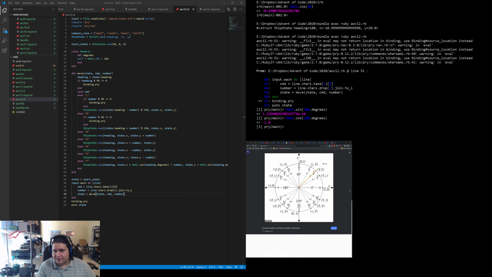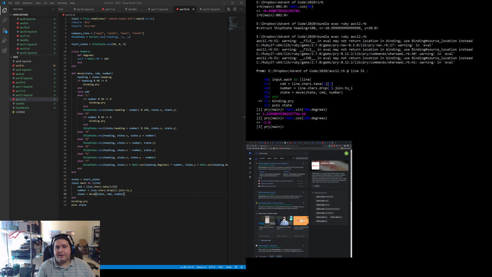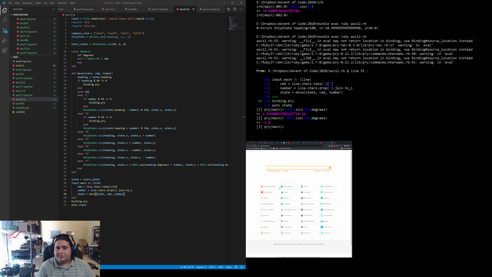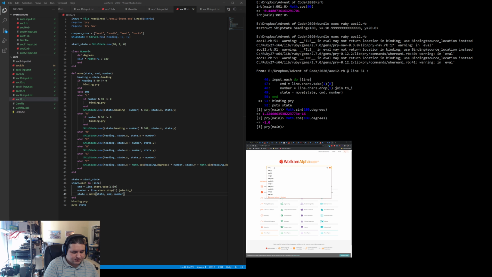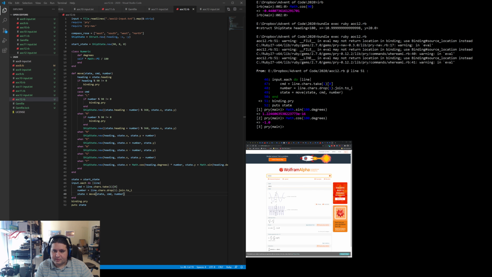Okay, so you're at 0 degrees. The unit circle puts 0 degrees here. Wolfram Alpha. What do we have? I want to do cosine x. Remind me how cosine x works. Cosine x starts at 1, which is you're going forward, goes down to 0, which is you're not, goes to negative 1.